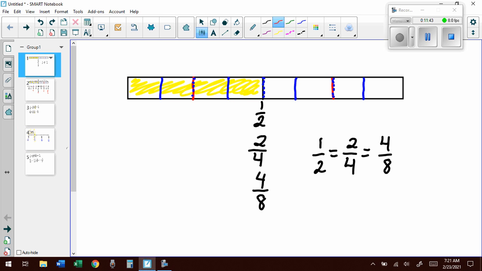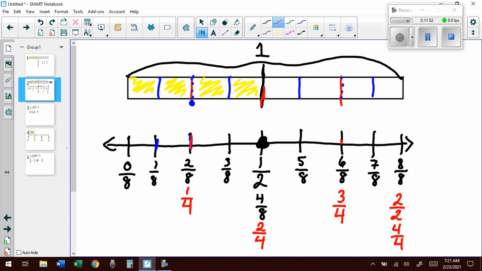Quick review: a tape diagram shaded in and partitioned to show that 1/2 equals 2/4 equals 4/8. Then we use that tape diagram to make a number line to show the same. And then we went a little bit deeper and looked at the other equivalent fractions that we could find throughout that number line. And we found that 2/8 equals 1/4. 1/2, of course, equals 4/8 and 2/4.